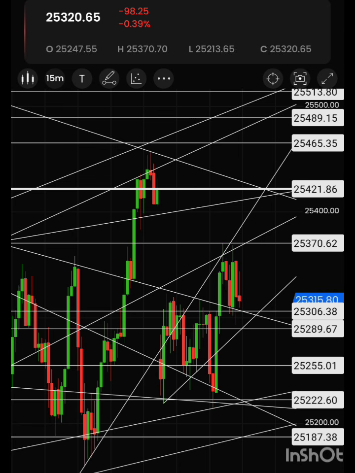Once we cross 25,422, the upside movement will come around the 25,465 range, 460 to 465 range, then 489 to 490, then the 25,512 to 520 range.